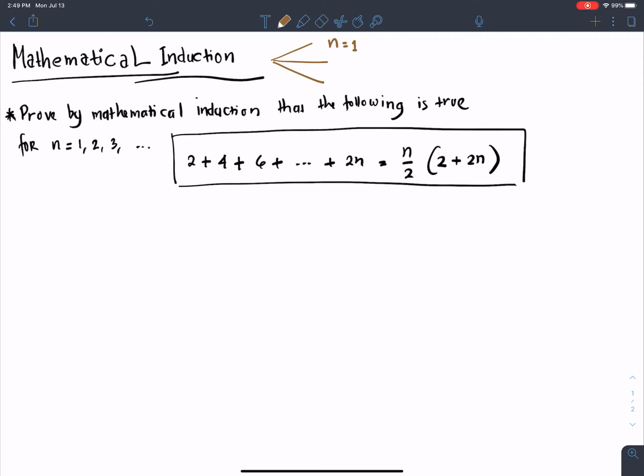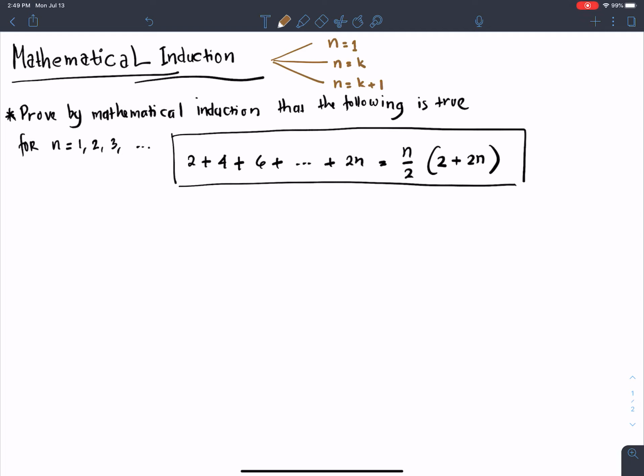And then if it is true for n equal to 1, we assume that it is also correct or true for n equal to k. With this assumption, we are going to show that the model or the formula is also true for n equal to k plus 1. Okay, I'm going to show you more details after this.